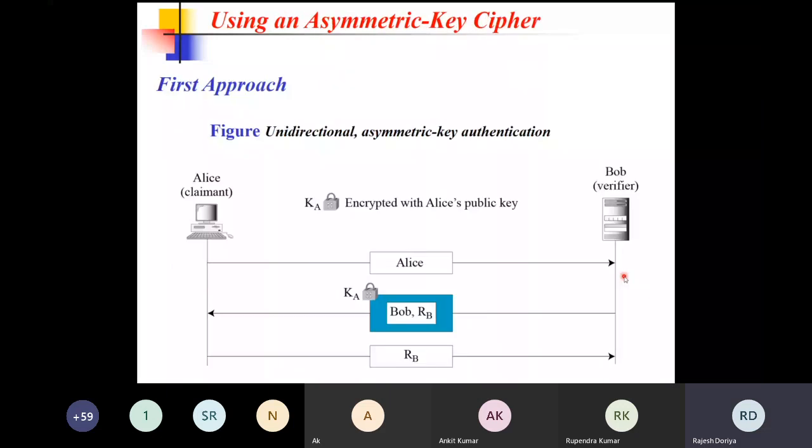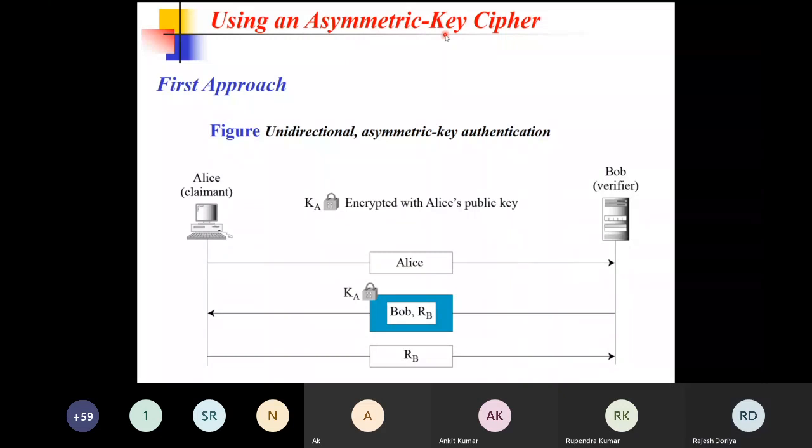Then another type is using an asymmetric key cipher. In the earlier cases of challenge response based authentication, we made use of symmetric key ciphers. In this case we are going to use asymmetric key ciphers, and the name itself suggests that in this type we are going to use the concept of asymmetric keys.